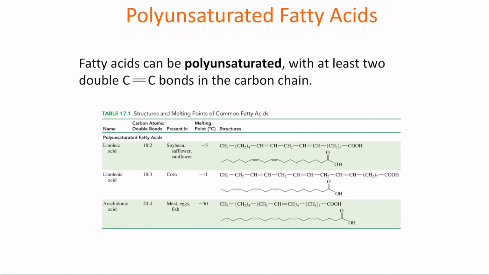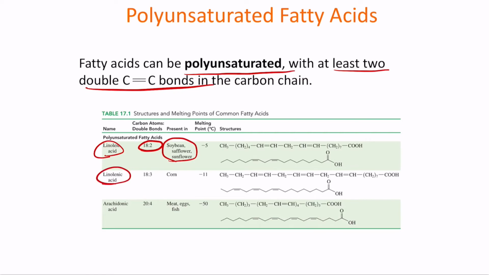Fatty acids can be polyunsaturated as well, containing at least two double bonds in the carbon chain. Linoleic acid contains 18 carbons with two double bonds, generally found in soybean, safflower or sunflower. You have linolenic acid, which has three double bonds, and it is generally present in corn.